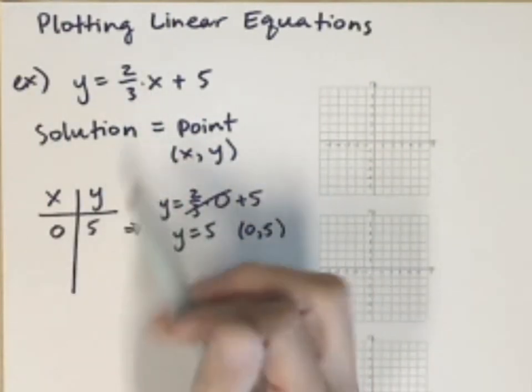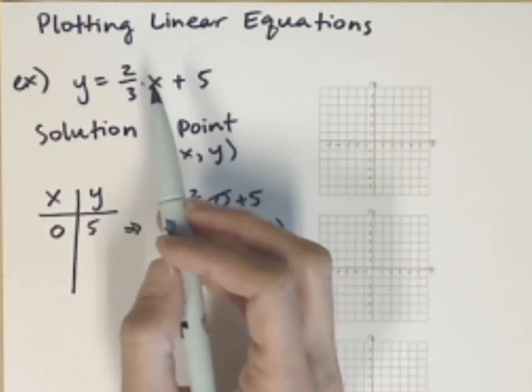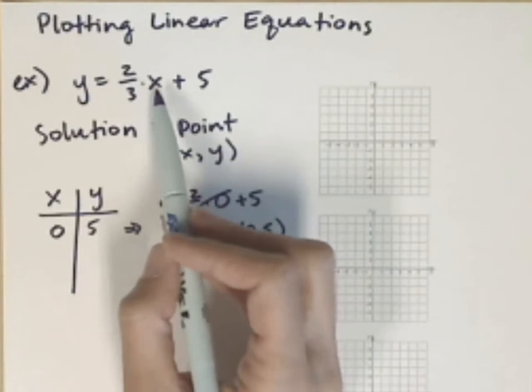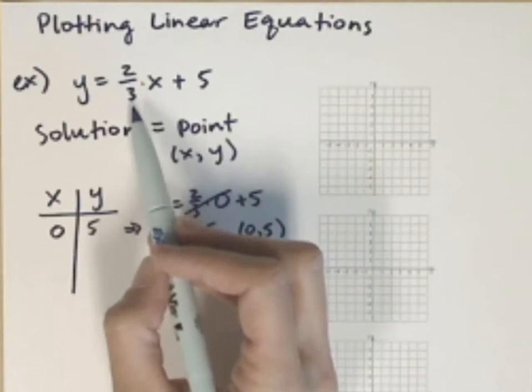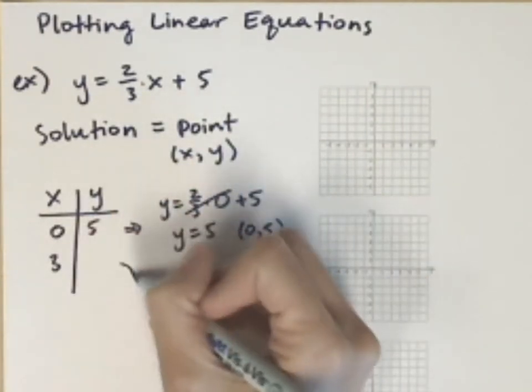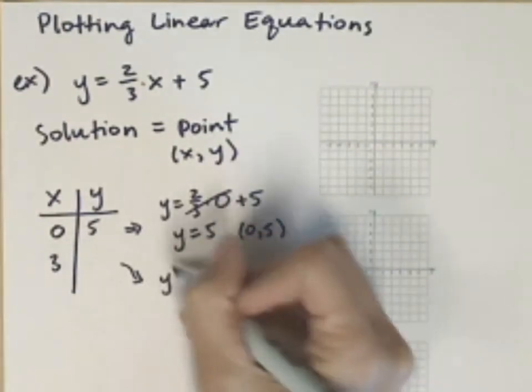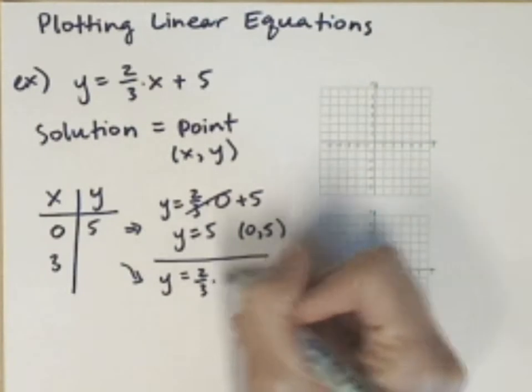Now there's a lot of things that we can pick for x here. We can pick 1 or 7 or -5, but what I really want to do is to pick a number for x that will cancel with this 3. So the natural choice is to choose 3. So let's choose 3. When I put 3 in to my equation, I have y equals 2/3 times 3.